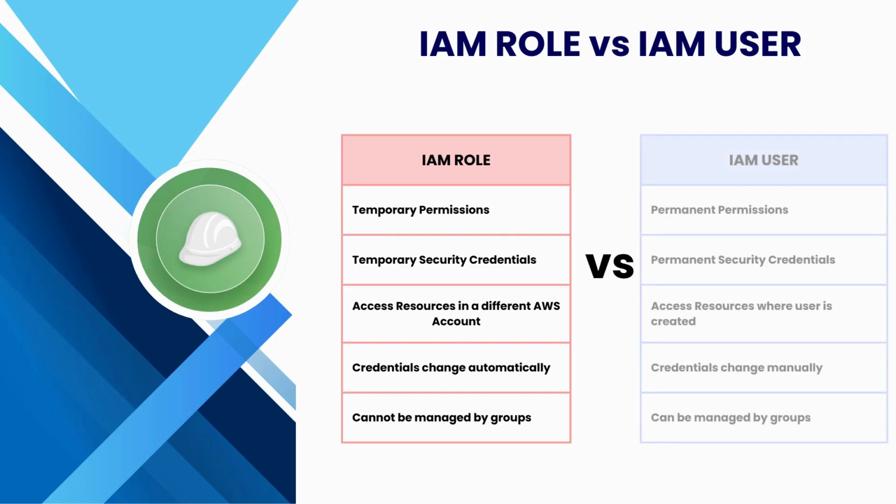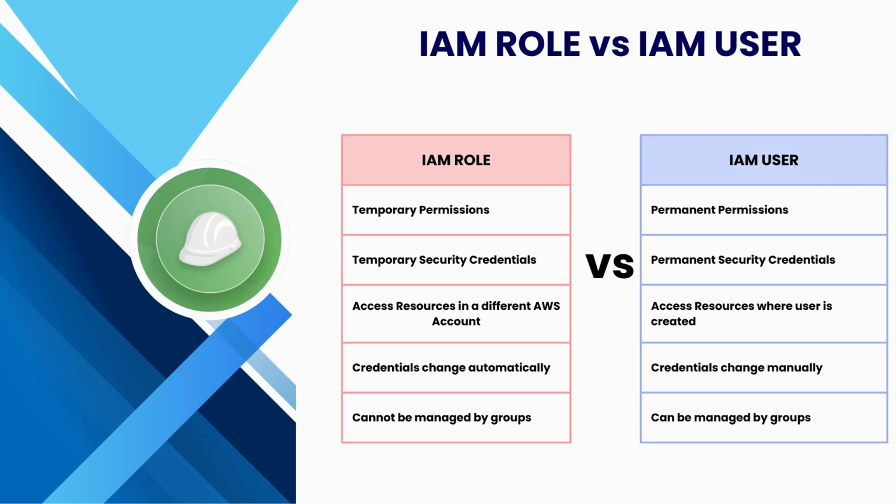In contrast, IAM users are associated with permanent permissions and static security credentials. These users can access resources within the AWS account where they are created, provided they have appropriate permissions.